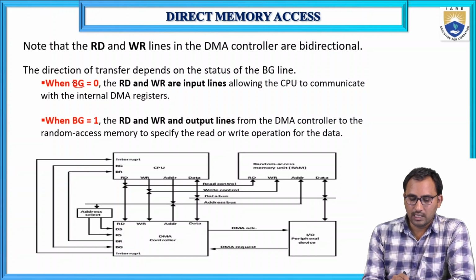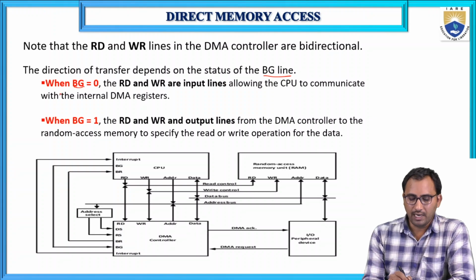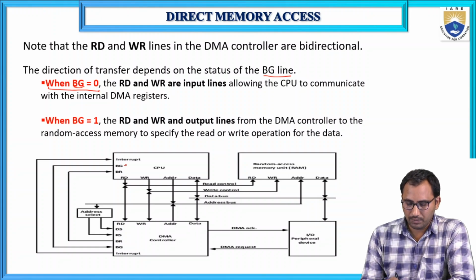Now we are discussing the bus grant signal. The direction of transfer depends on the status of the bus grant line. BG line means bus grant. So when BG is equal to 0, the read and write lines act as input lines.